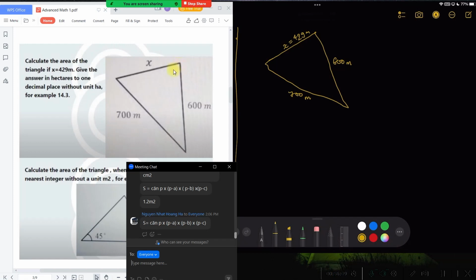It's not 90 degrees. I tried the Pythagoras theorem and it doesn't work. So you have to find the area in a different way. Maybe draw the height here.